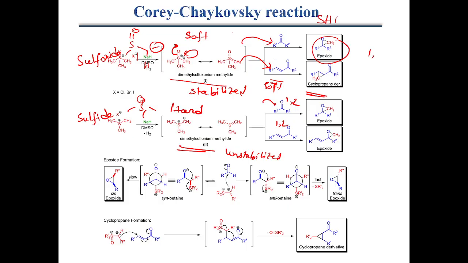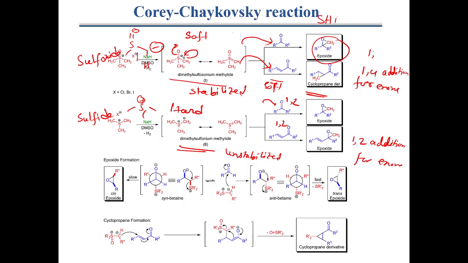So here 1,4 addition on the enone, but in these cases directly 1,2 addition on the enone, because of the soft-hard interaction.